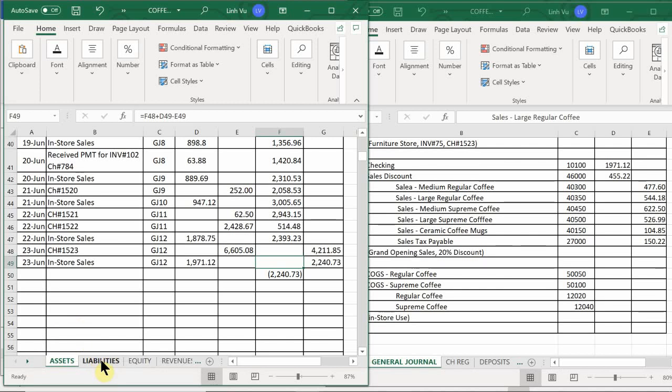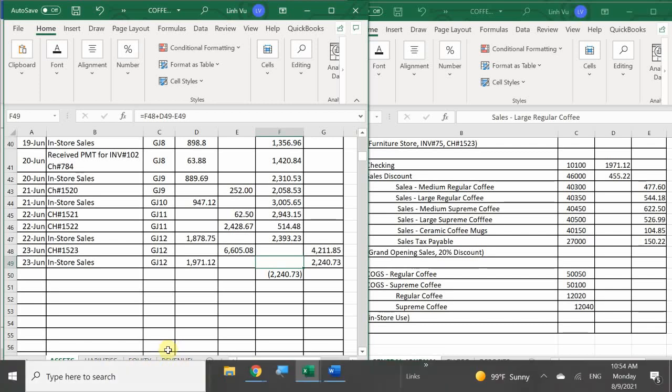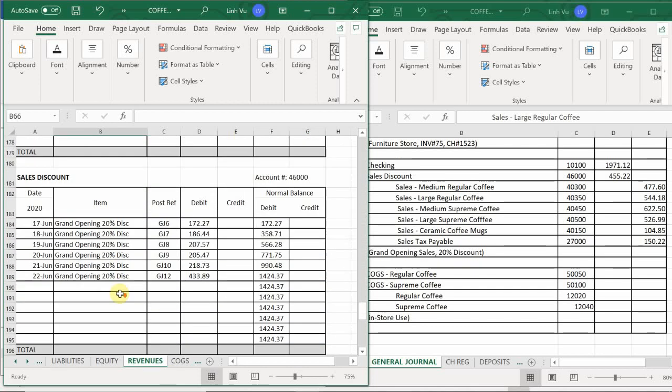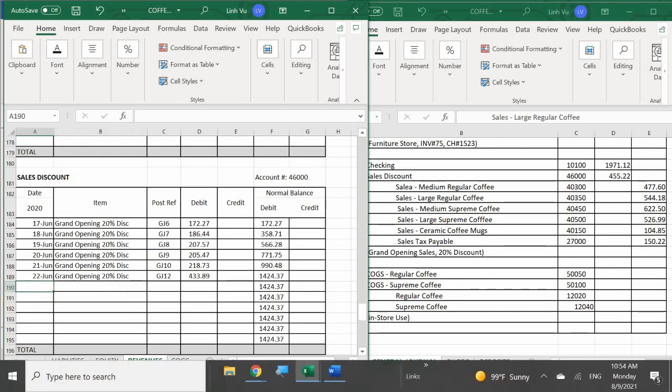Next thing we have here is going to be our sales discount. So revenues, sales discount. Here we are. 6:23, grand opening 20% discount. We are still on General Journal 12. And this time the discount is for $455.22.